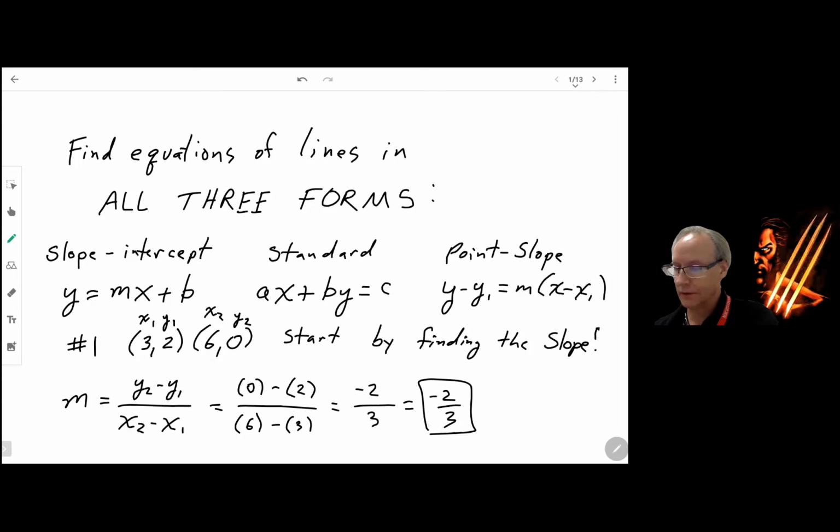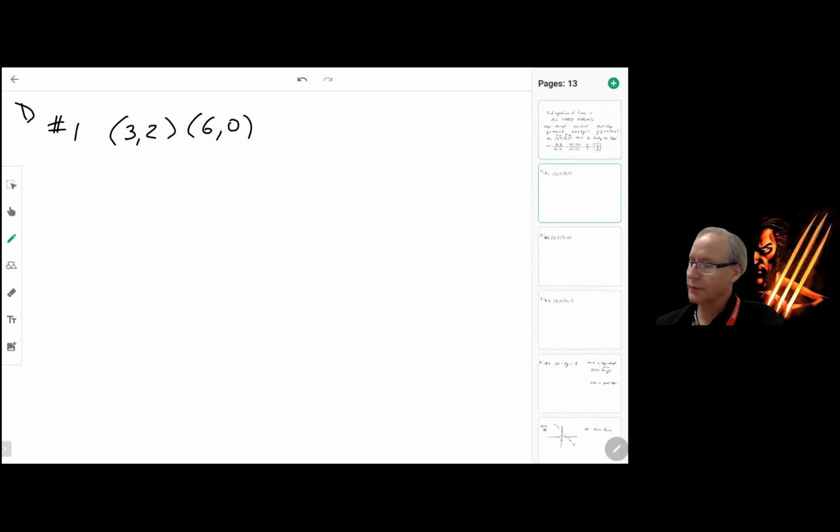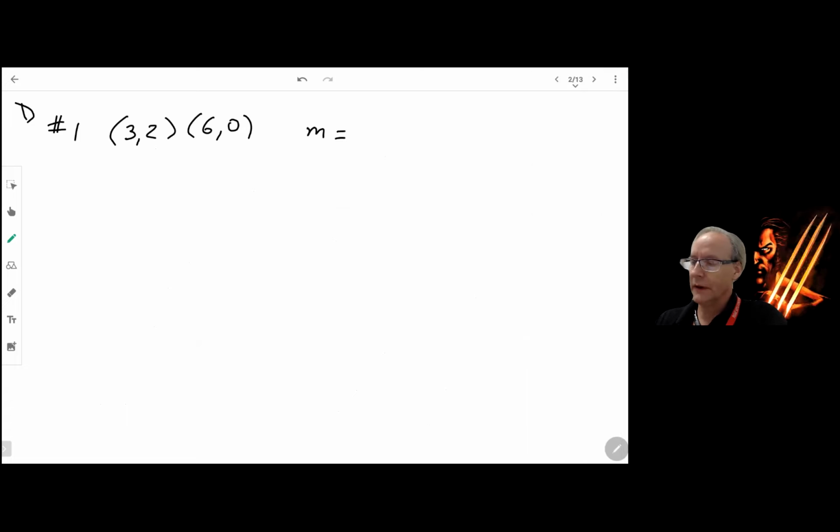This is our slope. Now, our first step for finding an equation through 2 points is always to find the slope. And so let me go to that next page. We found that the slope between these points was negative 2/3.